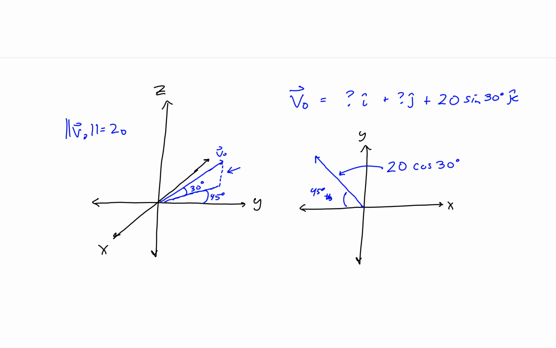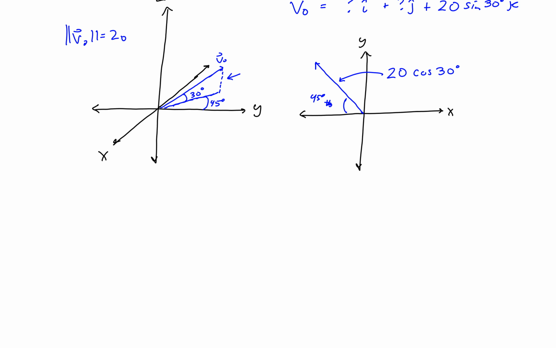So let's call this vector U, not W, since W is for wind. So U, the hypotenuse is 20 cosine of 30 degrees, and then we need the unit vector in that direction, so that's going to be minus cosine of pi over 4 i plus sine of pi over 4 j.